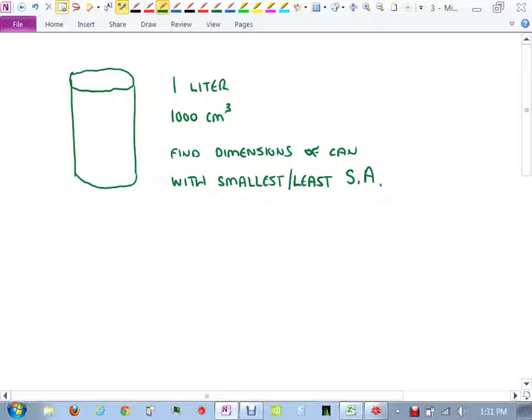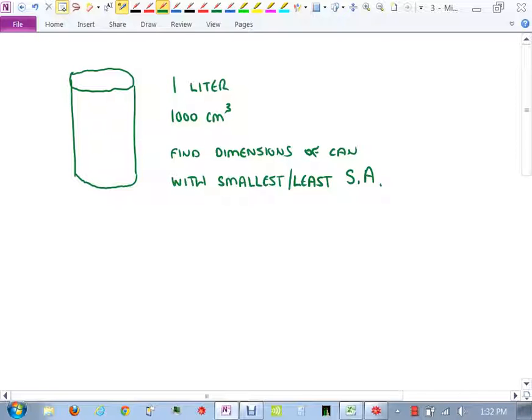Surface area affects exchange. So it could have something to do with energy transfer, heat transfer. Less material. Let's say that I'm shipping out beers a can. There's a lot of different ways I can make a can to hold 1 liter.